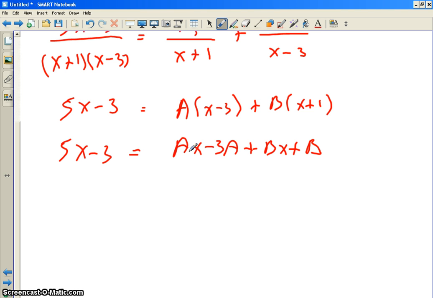Now look what we got. We got ax plus bx has got to be 5x, because like terms combine, right? Let's write that. A plus b better be 5. Isn't that the point? What else should I write? Same idea. Negative 3a plus b is negative 3.